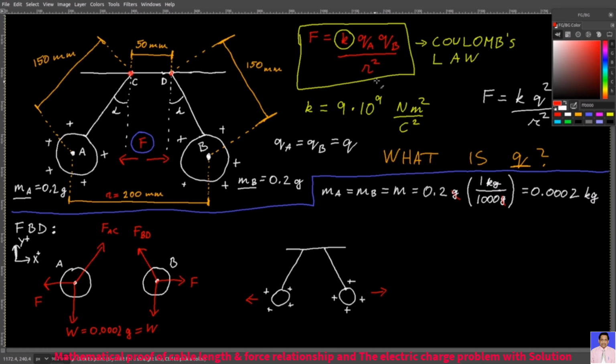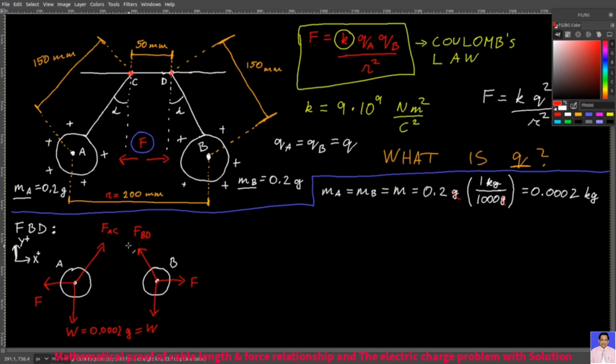And that's because, as you can see here in the denominator, the bigger your R, the weaker your force. So at some point, this force will be cancelled out by the horizontal component of this FAC force. And the same thing here, at some point this F will be cancelled by the horizontal component of this FBD force. But since they have the same masses, they will have the same angles here, which means that these two forces are also equal.